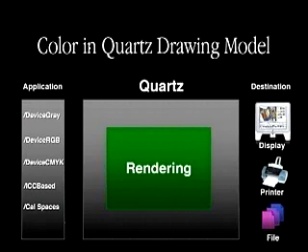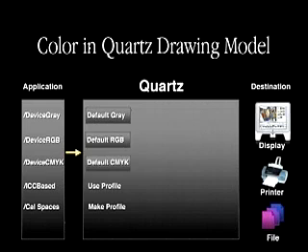In terms of color processing, the application can request Quartz to render data in any of the PDF color spaces. To accomplish that, Quartz will convert all these into ICC profiles. The default profiles are selected by Quartz, but can be overridden by the application.